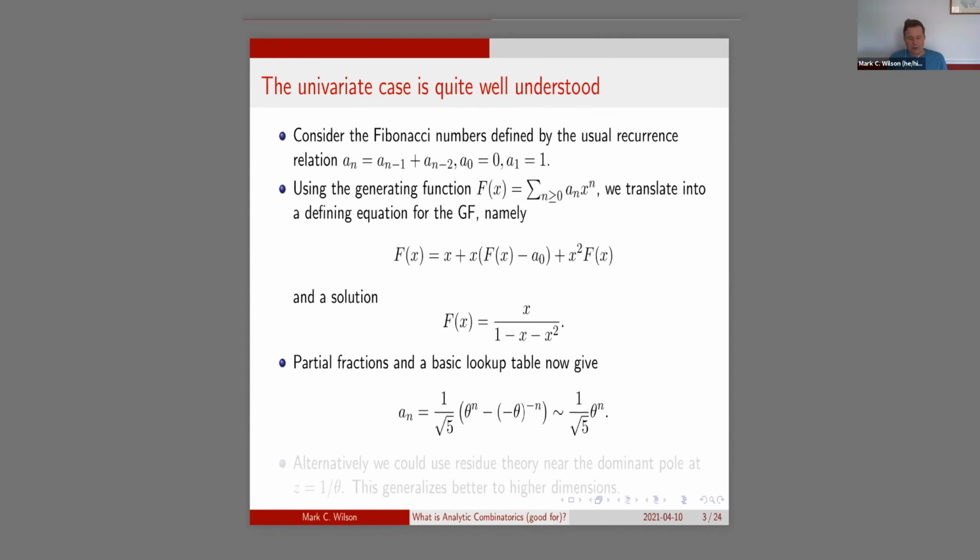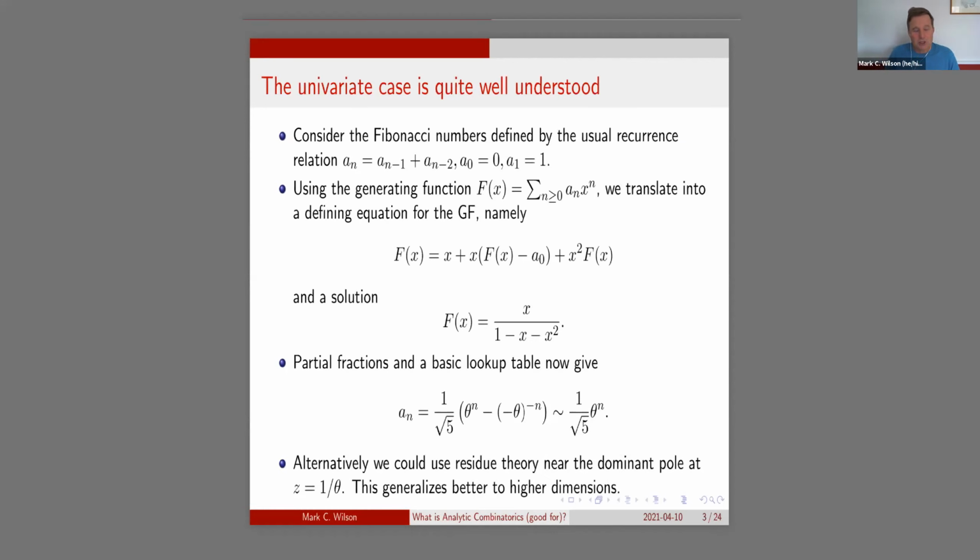So a better way to do it, which I won't go through in detail, is just to use standard residue theory. We're talking about a function with poles, so it's a meromorphic function. A standard first course in complex analysis will show you that Cauchy's residue theorem will give you a way of evaluating an integral, and if you set it up right, the integral will give you exactly the coefficient.